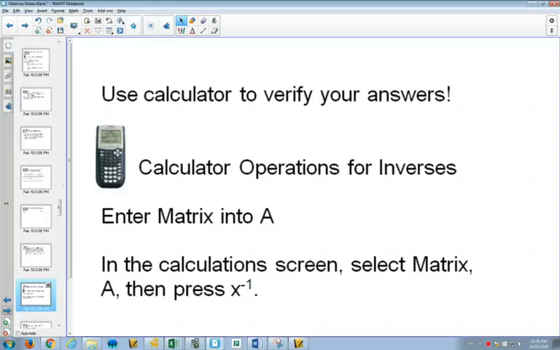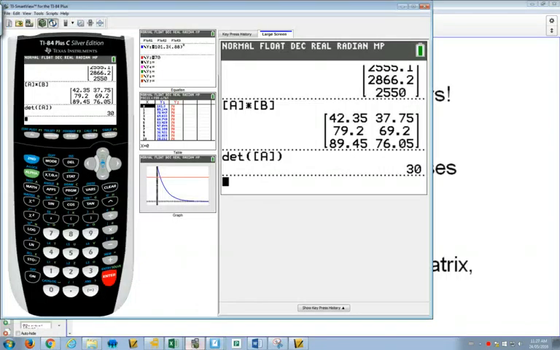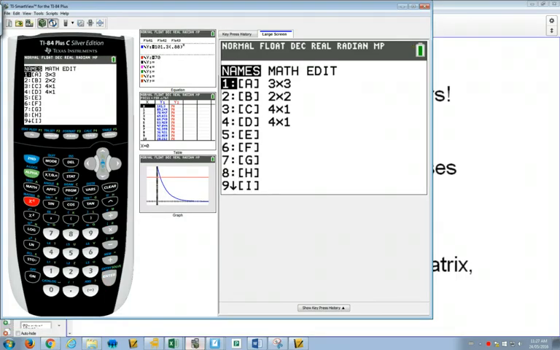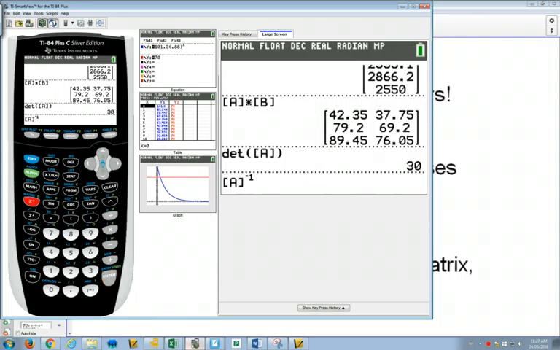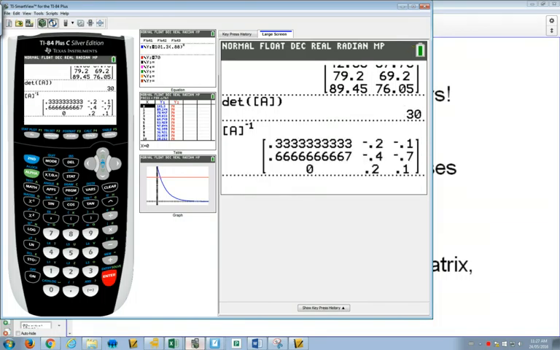Again, you can do inverses on your matrix as well. So we had that 3 by 3 in there. If I go and take my matrix A, which was my 3 by 3 before, and I do A inverse, it will give me my matrix inverse. Another nice thing to do is often, in this case, everything is in decimals.